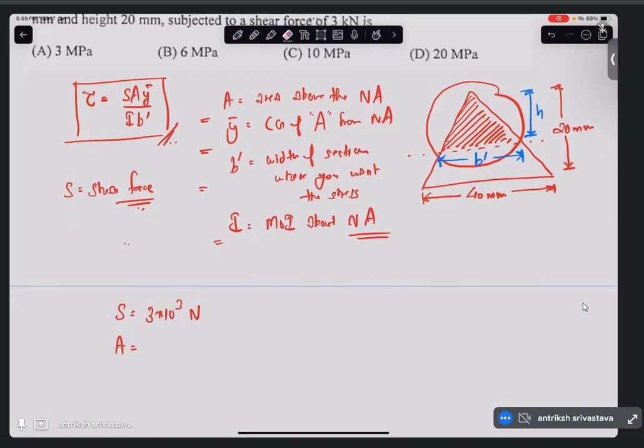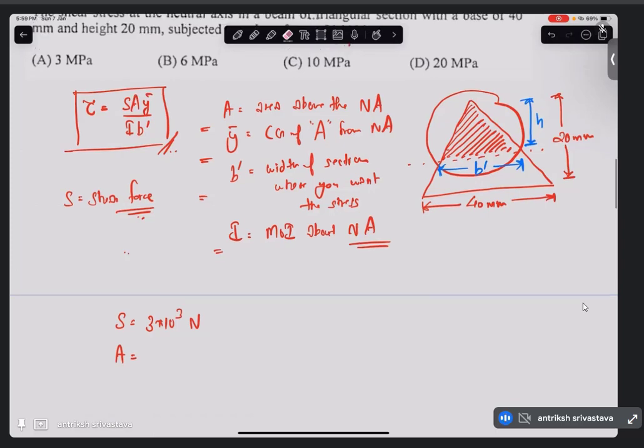We can use the normal formula for the CG of the triangle, and that is going to be the neutral axis. So what does that tell us? That tells us that the CG from the top is 2 by 3 h. So 2 by 3 of 20 is equal to h. What is that? 40 by 3.